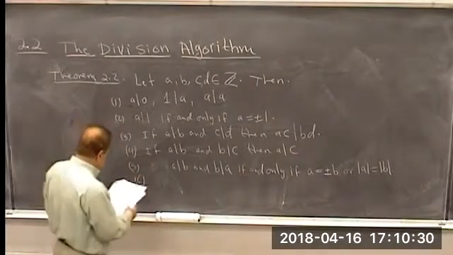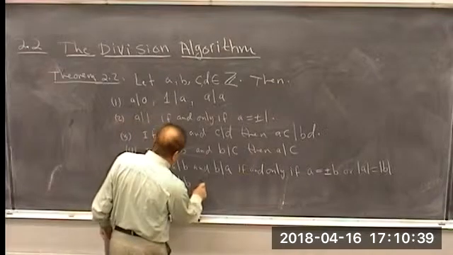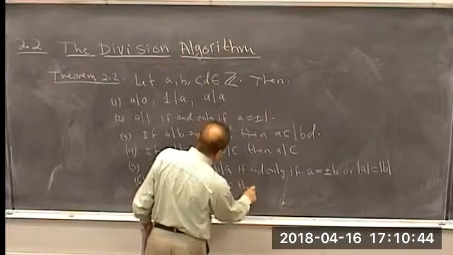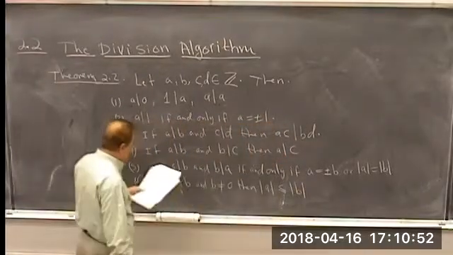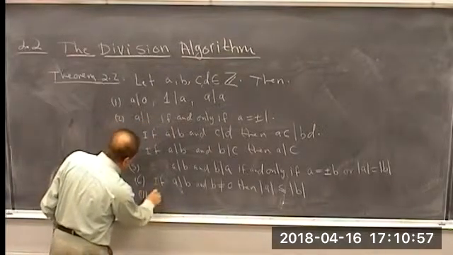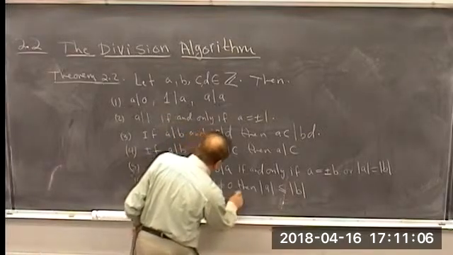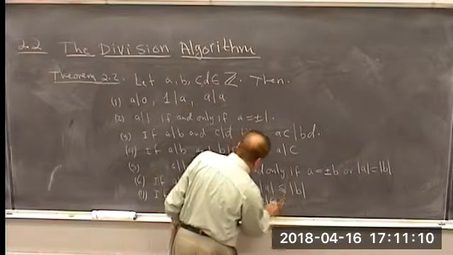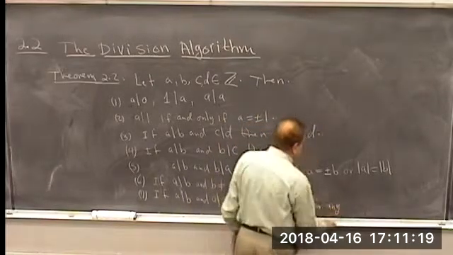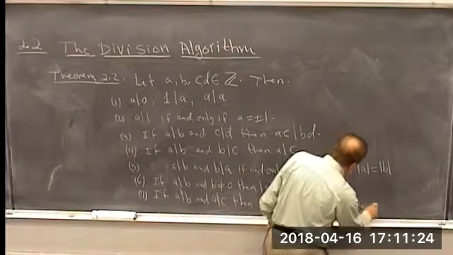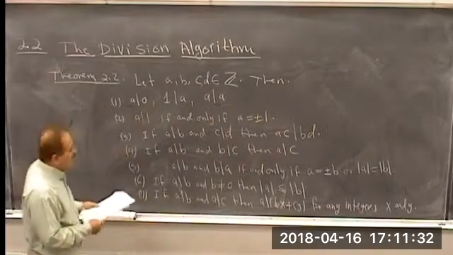Number 6, if A divides B and B does not equal 0, then the absolute value of A is less than or equal to the absolute value of B. And 2 more, 7, if A divides B and A divides C, then A divides BX plus CY for any integers X and Y. This is a very important property that we're going to be using over and over.